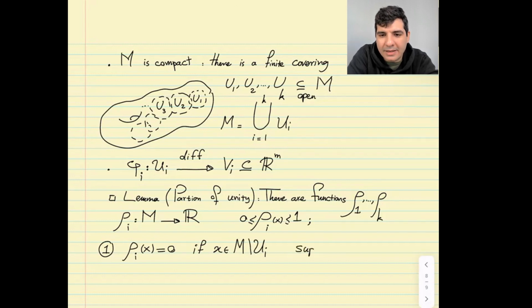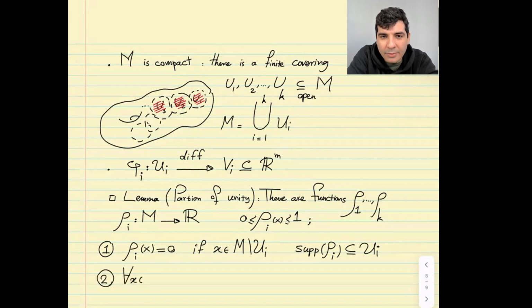Another way of saying this is that all the points where rho_i is non-zero are inside U_i. So for instance, rho_1 can only be non-zero on this red region inside U_1. Rho_2 can only be non-zero on this red region inside U_2. Rho_3 can be non-zero inside U_3, etc. They must be equal to 0 outside of the corresponding open set.